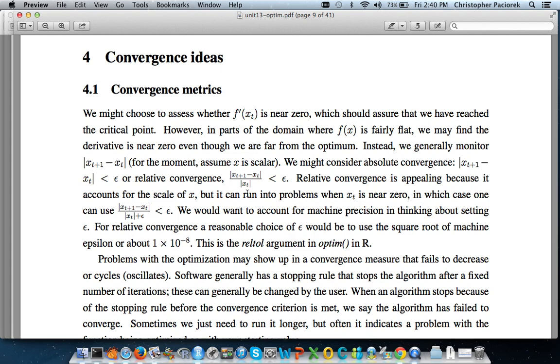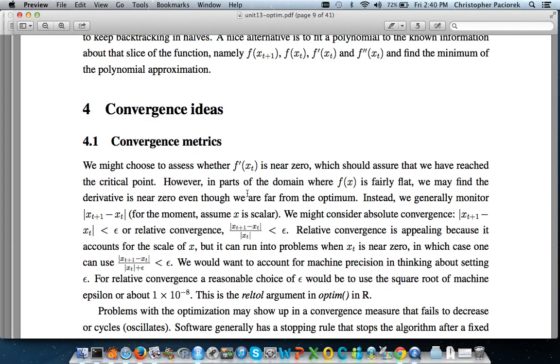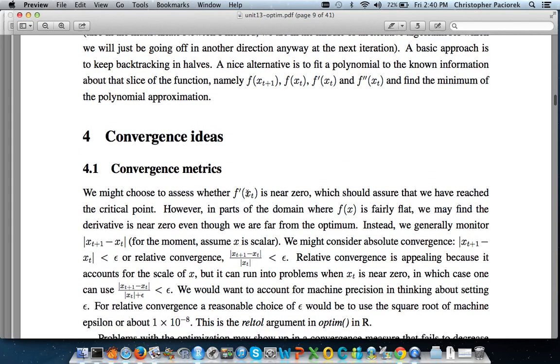So one thing that you could do to say, well, I'm close enough to my optimum that I don't need to keep refining things in the 16th decimal place of the x that I'm finding, is evaluate f prime at x_t and see if it's close enough to 0 that I'm basically in the place that I want to be, and then I'll just stop.